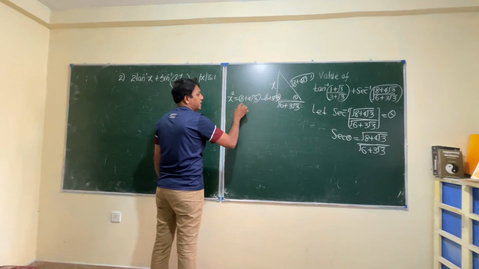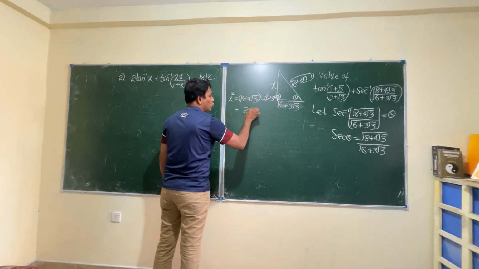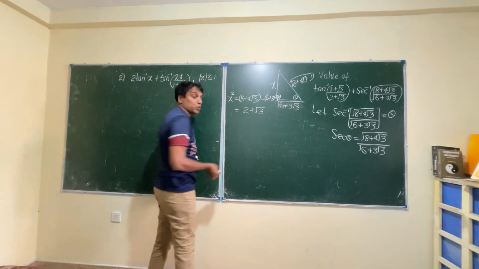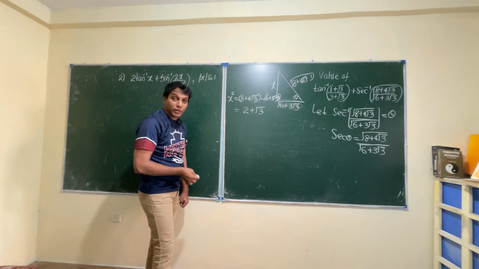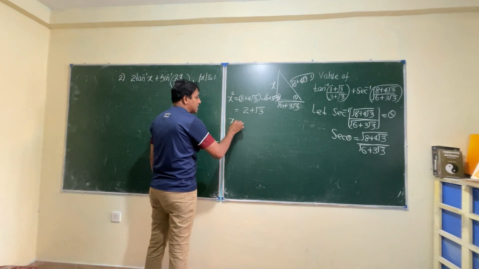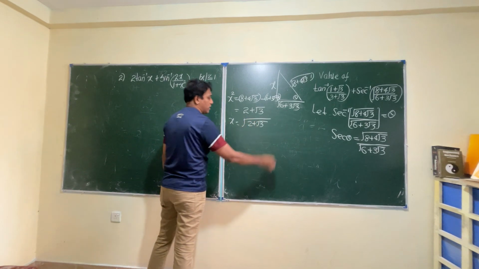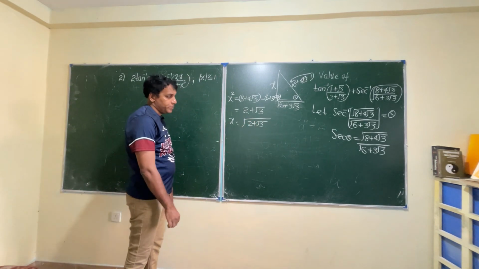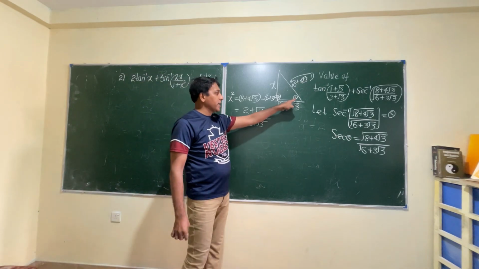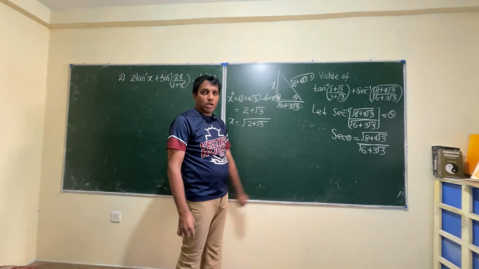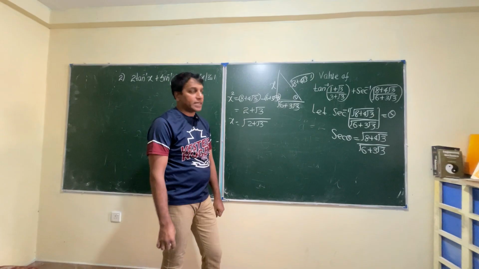So simplifying, yes, 2 plus root 3 is the x square answer. 2 plus root 3. Therefore, x is the square root of 2 plus root 3. A nice work, right? Okay. So what is tan theta? Therefore, tan theta, this over this, opposite divided by adjacent side.